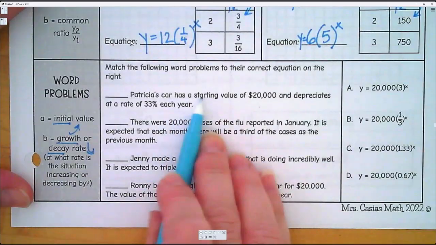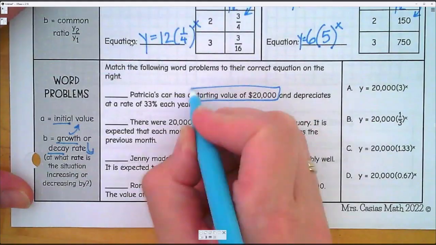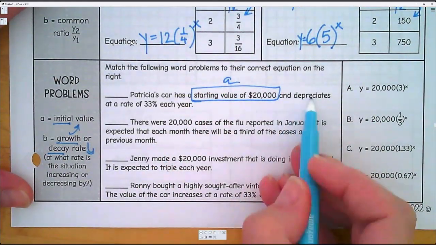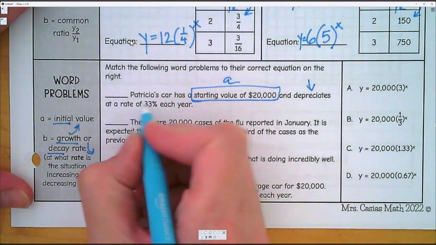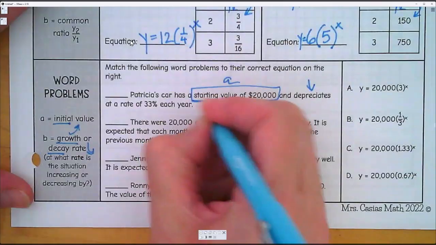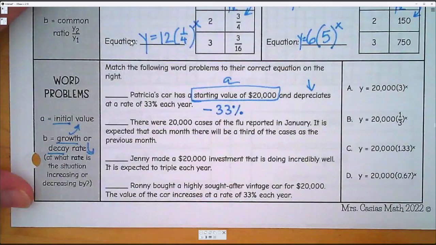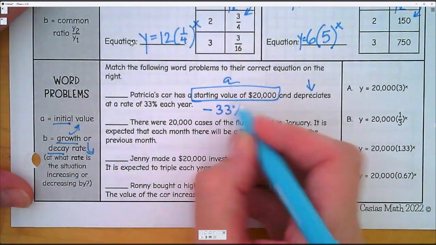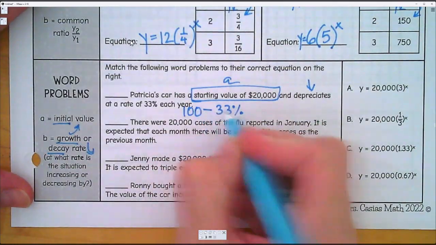Patricia's car has a starting value of 20,000. Starting value, that's my A. And depreciates. Depreciates means goes down at a rate of 33% each year. So I know I'm going to be going down 33%. Well, let's think about when we talk about percents, we're talking about starting at 100 and going down 33.